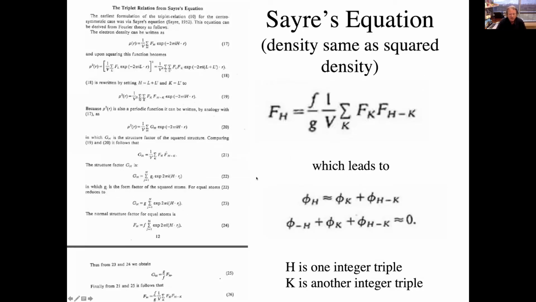Okay, so let's talk a little bit about the Sayre equation and the triplet relationship. I'm not going to go through this whole derivation, but you can see that there's a relationship between the structure factor amplitude of the H reflection relative to K and the H minus K reflection.